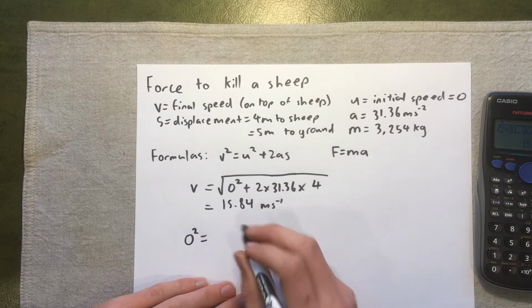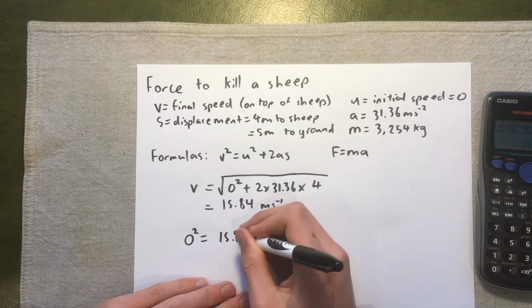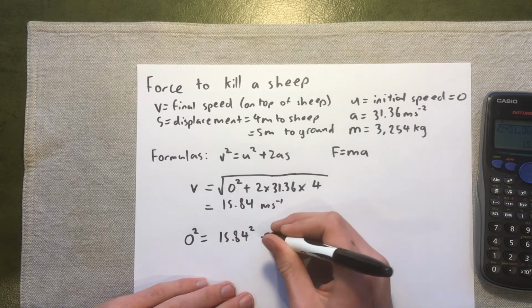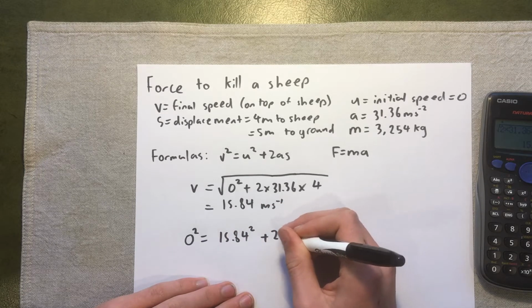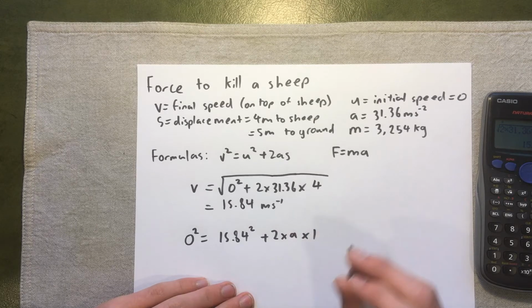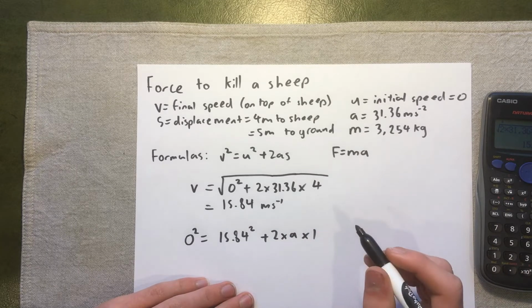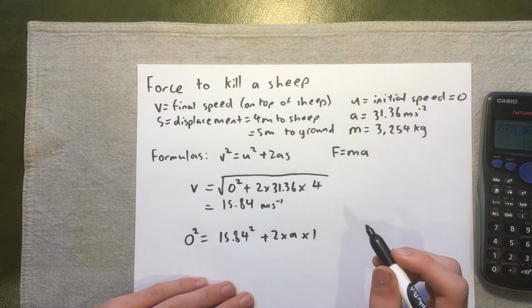Initial is going to be this squared, 15.84 squared, plus 2 times a, we're solving for a, times 1. We're going to assume that this sheep is indeed 1 block tall.